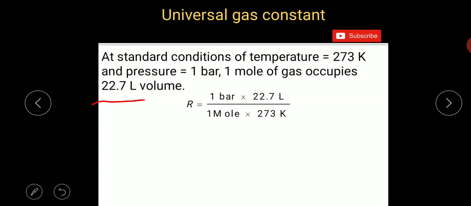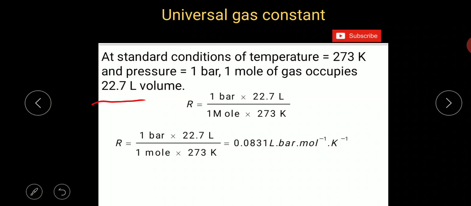Substitute these conditions in the expression of R. Pressure replace it by 1 bar, volume substitute it by 22.7 liters, moles 1 mole and temperature 273 Kelvin. Simplify this expression, you will get 0.0831 liter bar mole inverse Kelvin inverse.